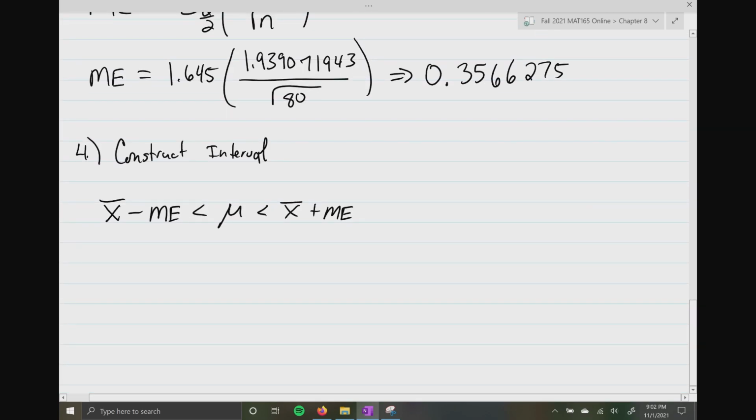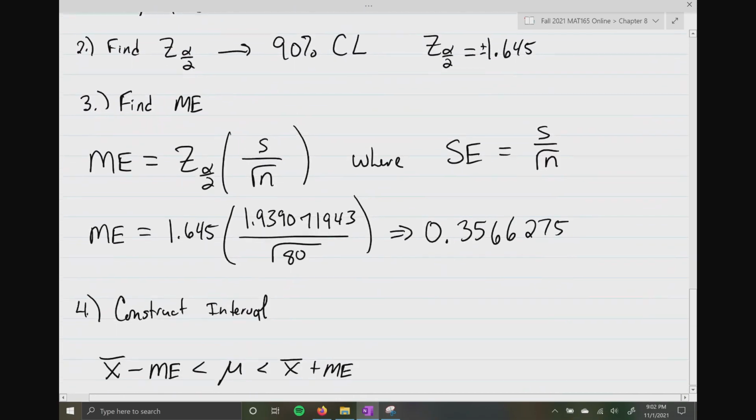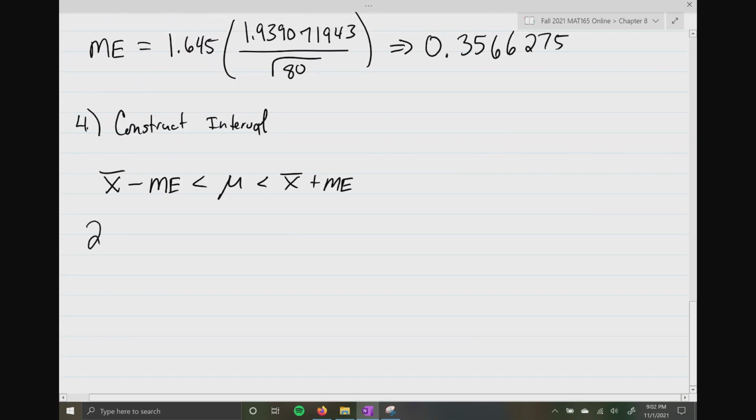So this is going to be x bar, which I completely forgot what it is already, 24.3. So it's going to be 24.3 minus 0.3566275, which is less than mu, which is less than 24.3 plus 0.3566275. Okay?